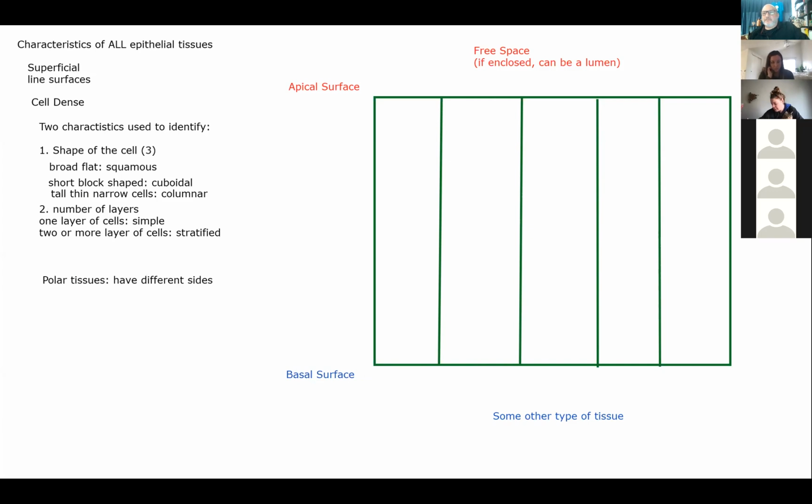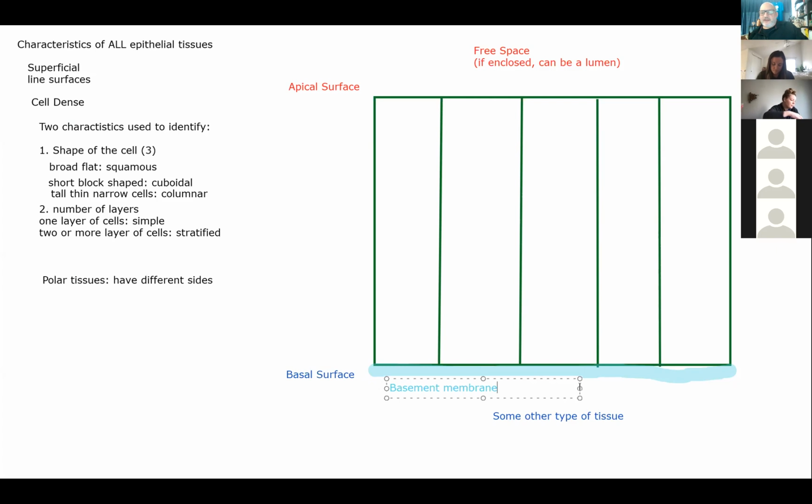But if we have some other tissue underneath, we need a little bit of glue to hold the epithelial tissue to whatever is underneath it. And of course, again, we can't get away with calling it just simply glue. We have to give some fancy name to this glue. And this fancy name is the basement membrane.